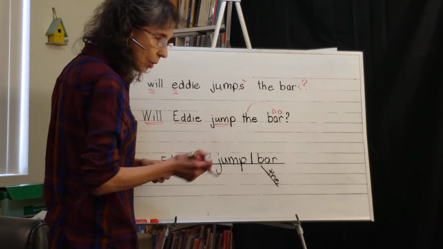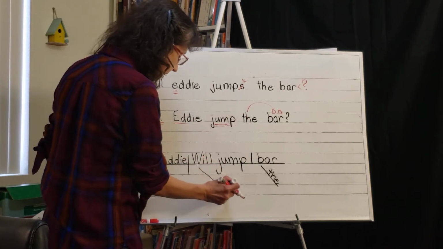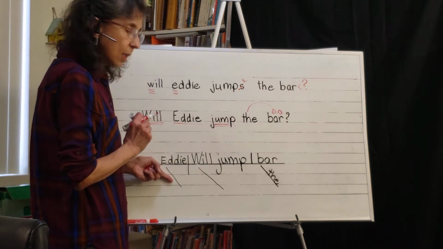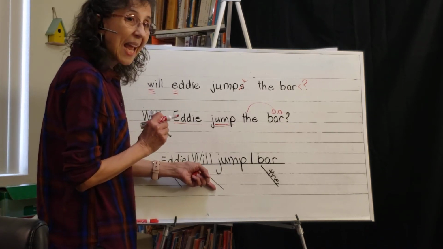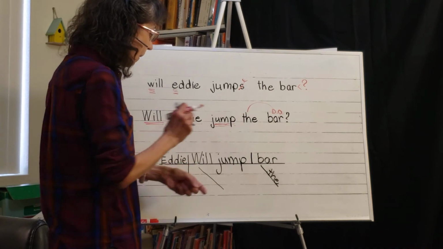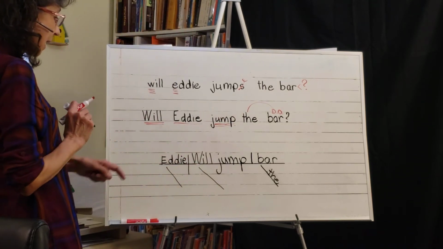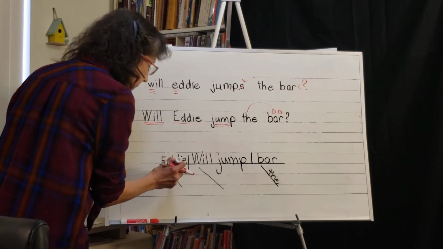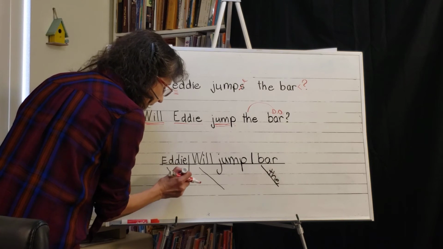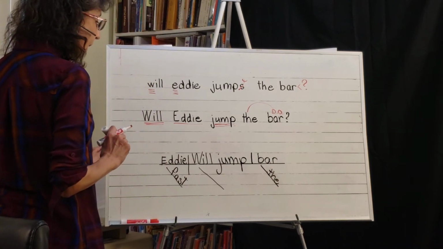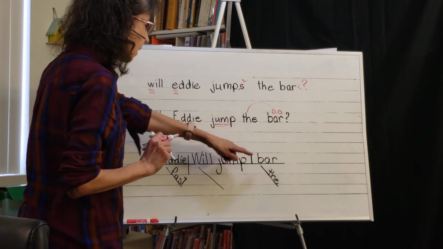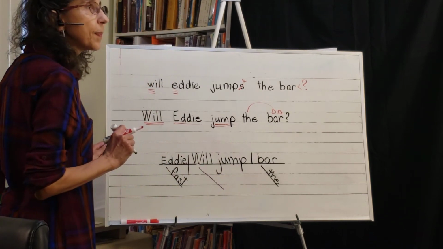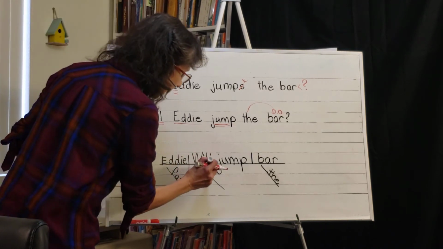Now on your paper, you have lines here and here. Do we have another adjective? No. Do we have an adverb? No. But you can write one in if you'd like. What could modify? Will, I could put will fast, Eddie jump the bar. How about high?